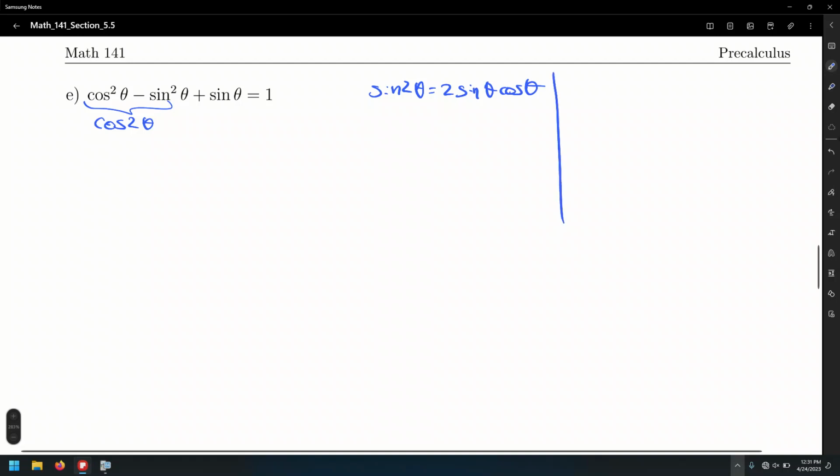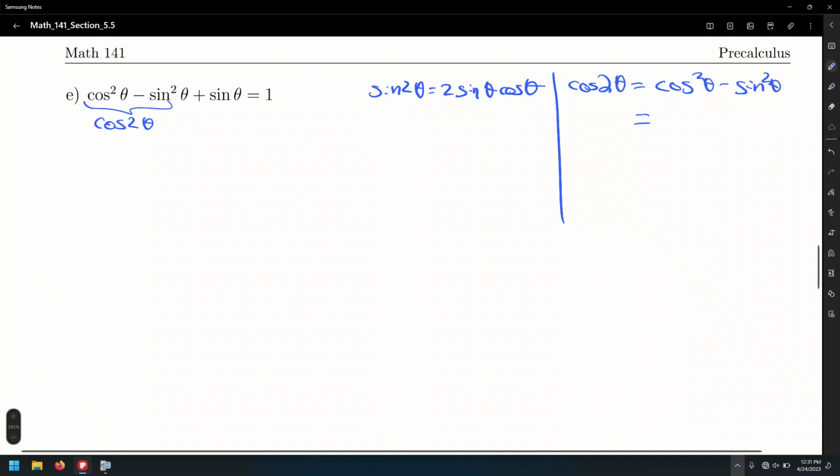Well, what about the other identities, the ones for cosine 2 theta? Number one, the one we began with, that's cosine squared minus sine squared. But there were 3 equivalent identities for the double angle for cosine 2 theta.